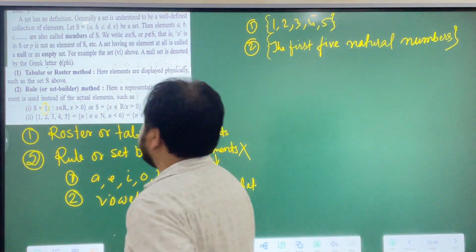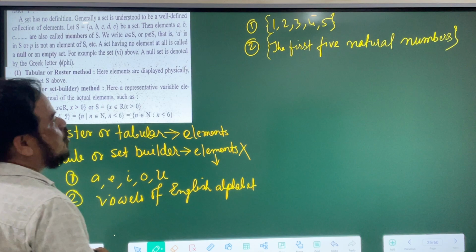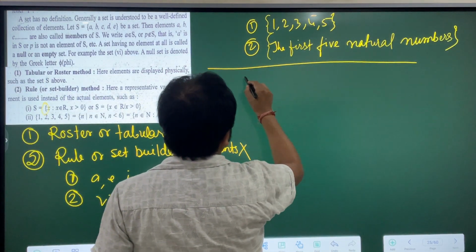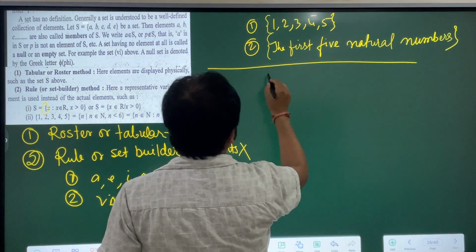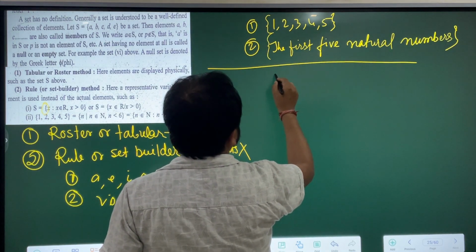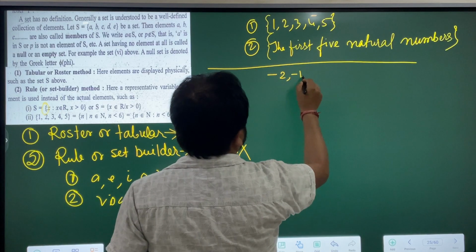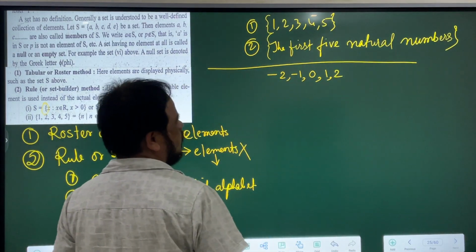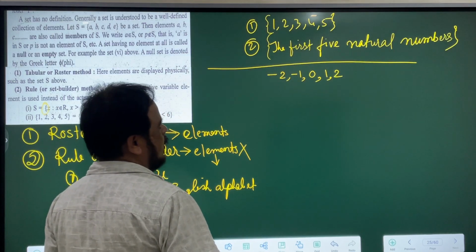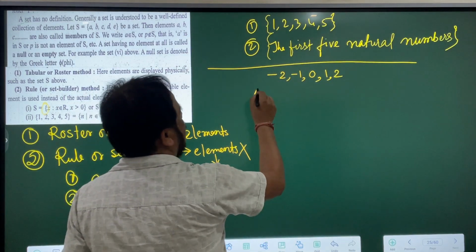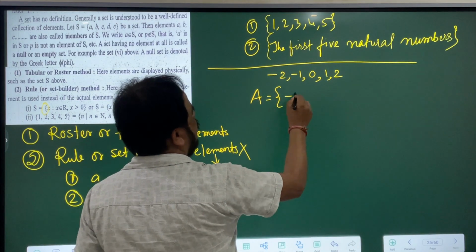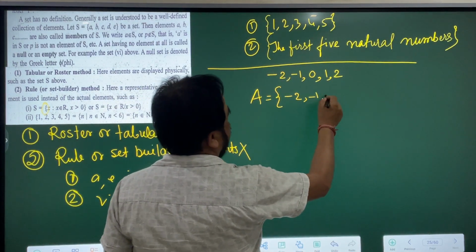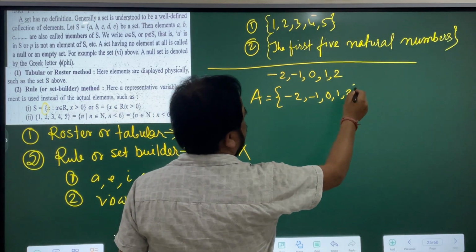So for example, now we will write properly. Suppose -2, -1, 0, 1, 2, these are the elements. Let us write the set A in roster method: -2, -1, 0, 1, 2.